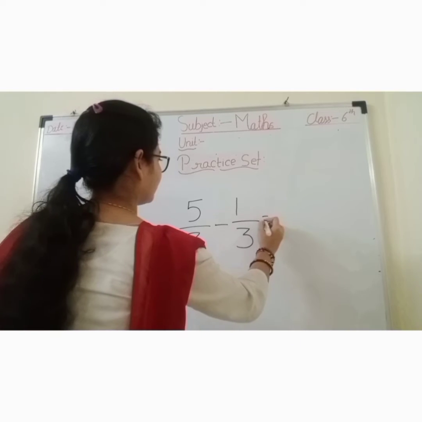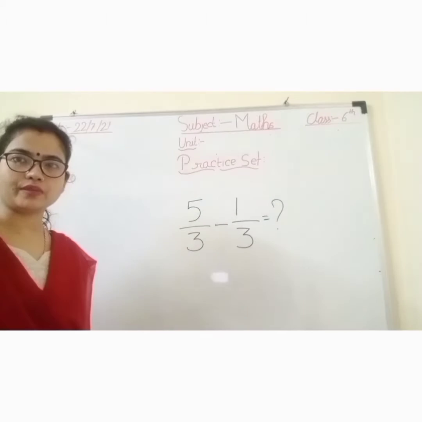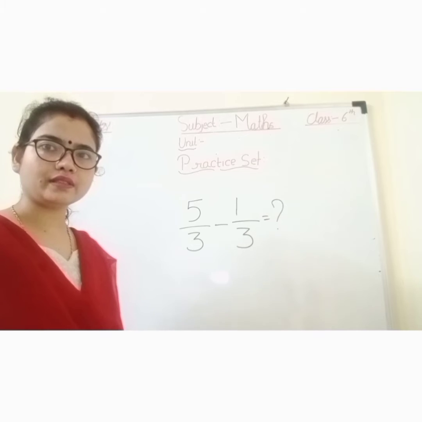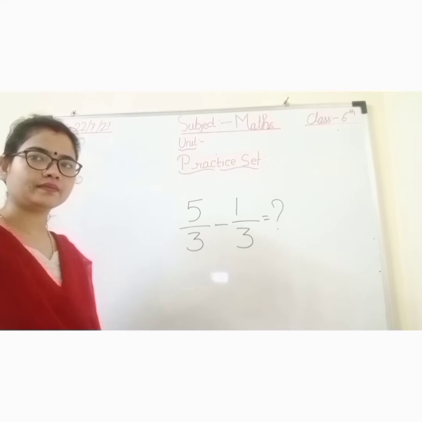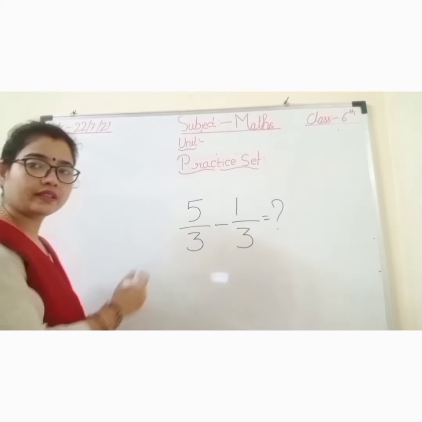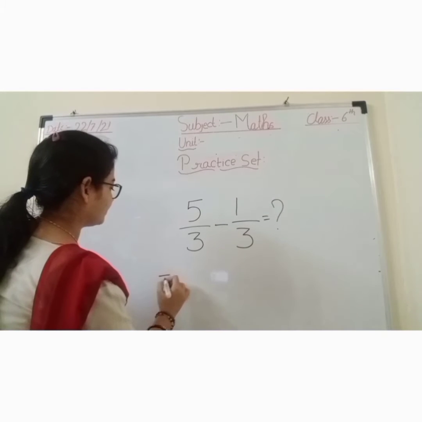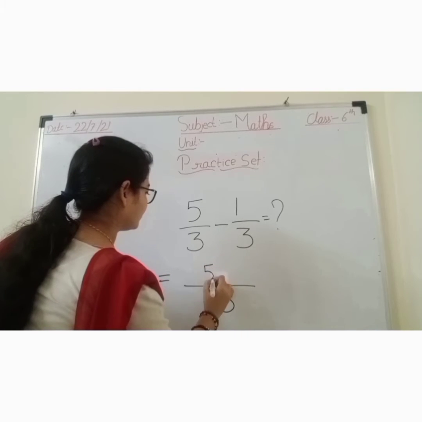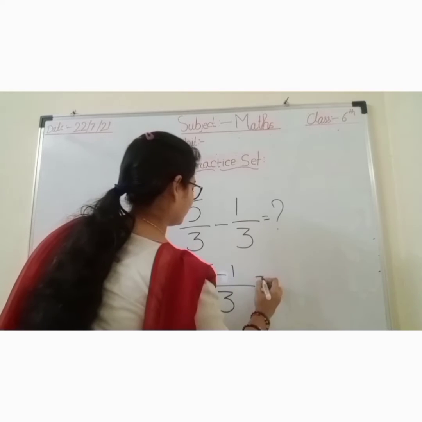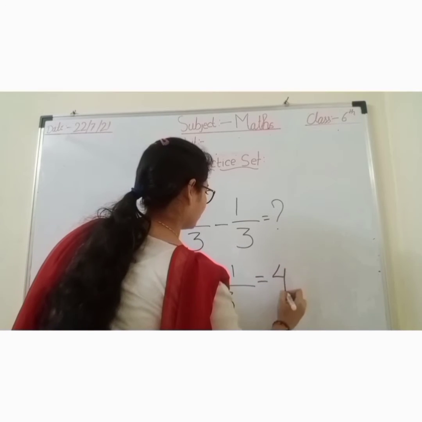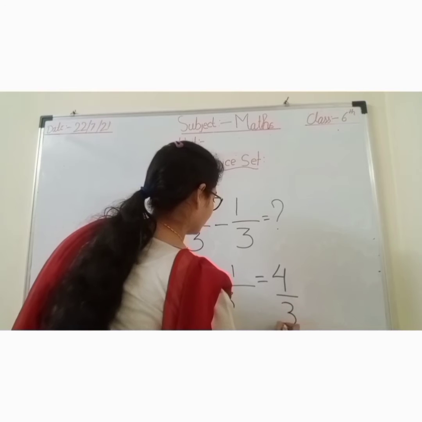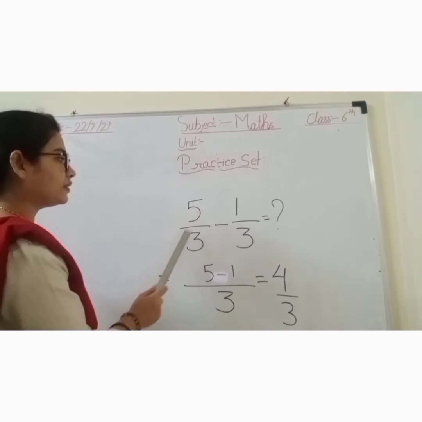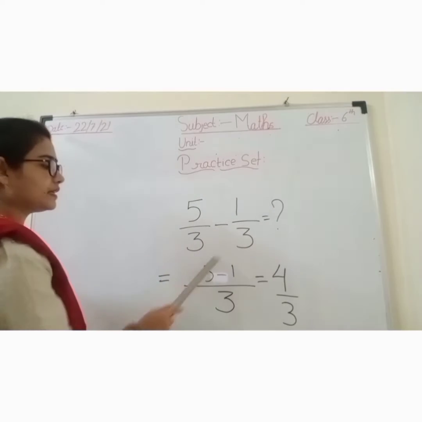Solve it, students. I hope you all are solving. Okay, now I will solve this question. So watch. See here, students, it is 5 upon 3 minus 1 upon 3, so the LCM will be 3.